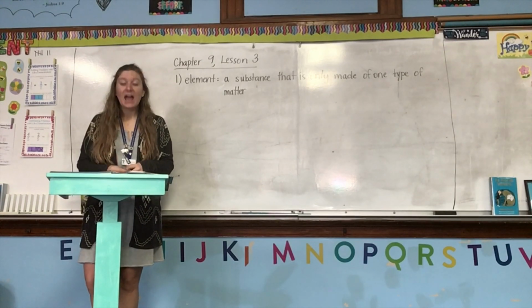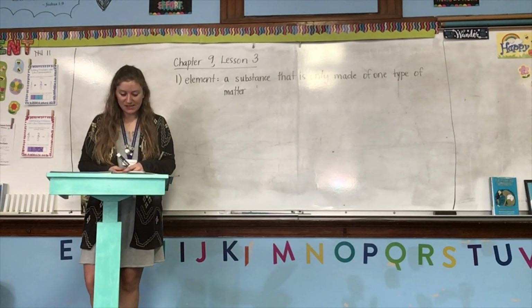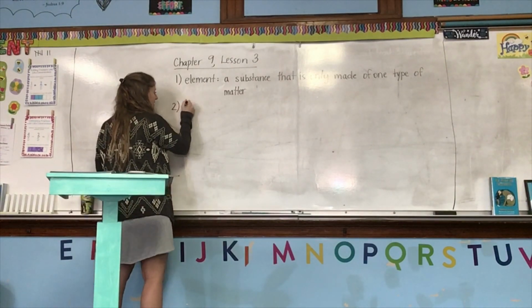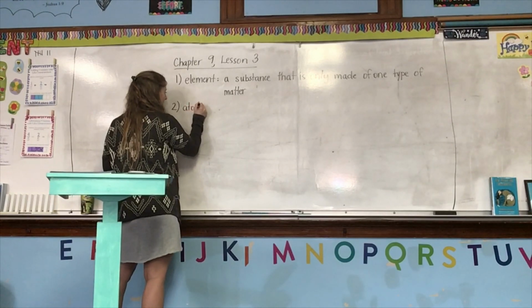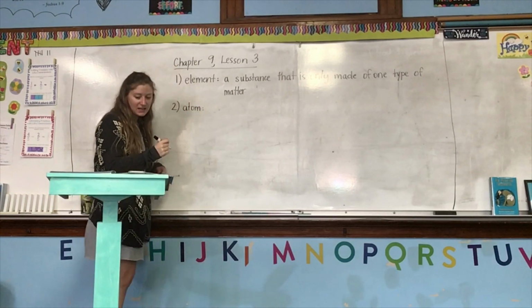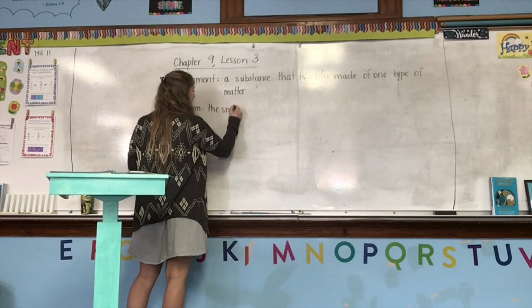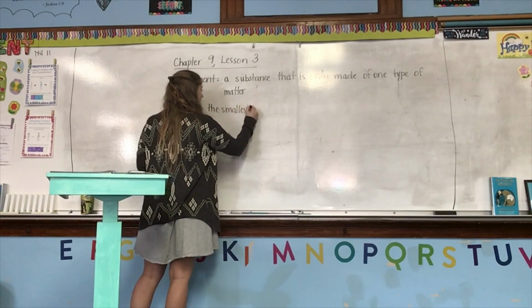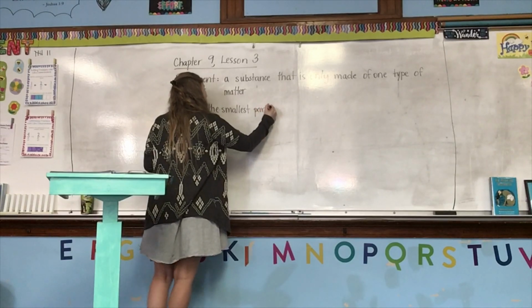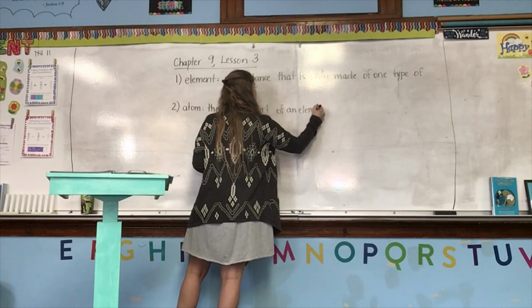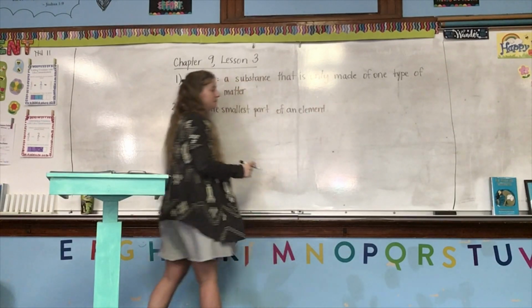Atoms. Elements are made up of atoms. An atom is the smallest part of an element. So our next word is atom. An atom is the smallest part of an element.